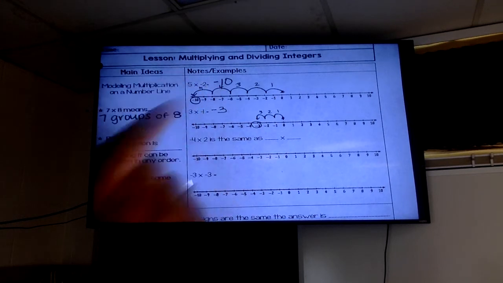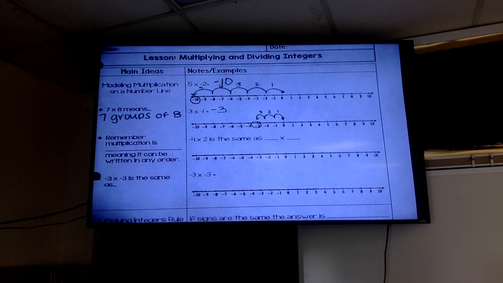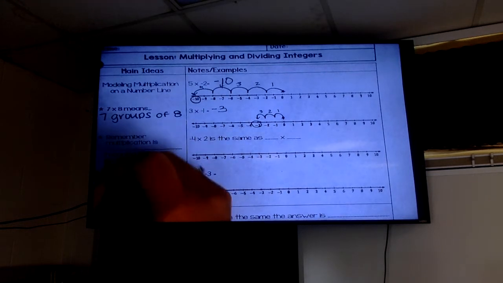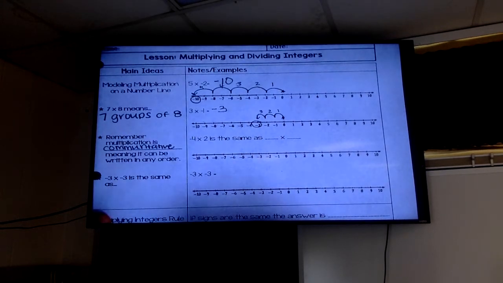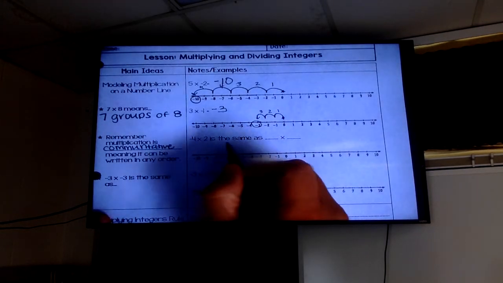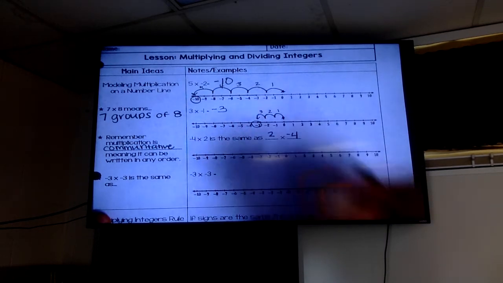Okay, so that makes sense when I have a positive times a negative. What if I have a negative times a positive? Well, there we have to remember that multiplication is commutative, which means we can write it in any order. Negative 4 times 2 is the exact same thing as 2 times negative 4.